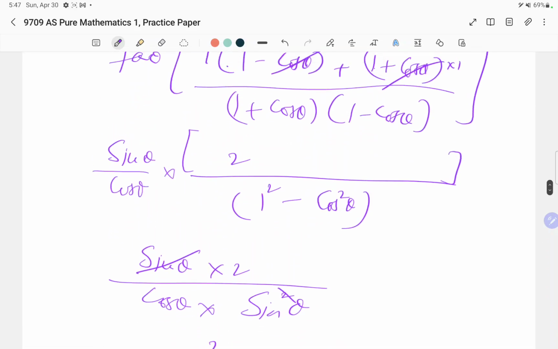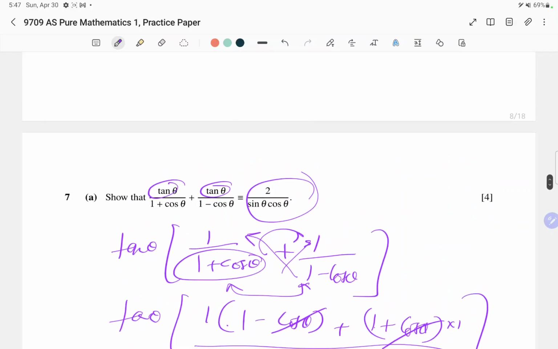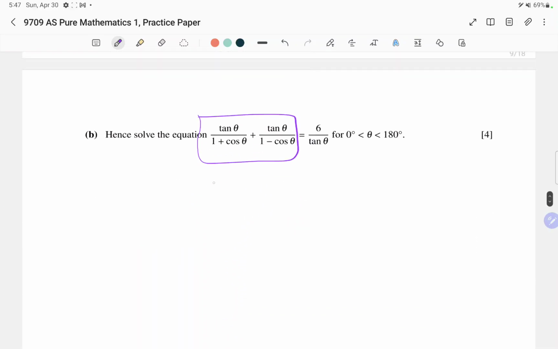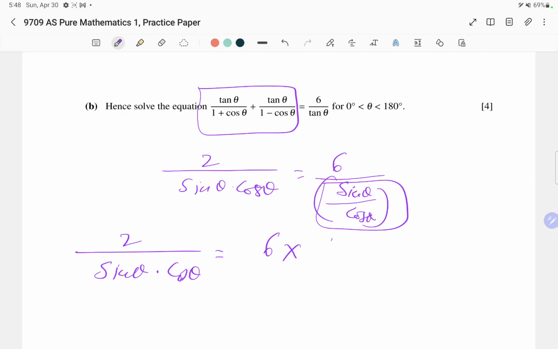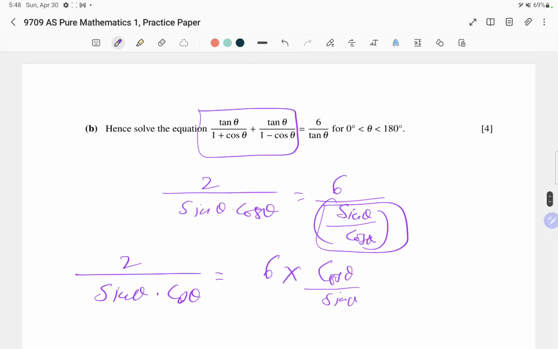So tan over 1 plus cos plus tan over 1 minus cos is 2 over sin theta cos theta, and this equals 6 over tan theta. Tan theta can be written as sin theta over cos theta. Then this is 2 over sin theta cos theta, and this is 6 times, and this sin over cos will be cos over sin.